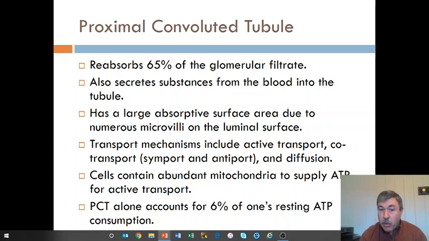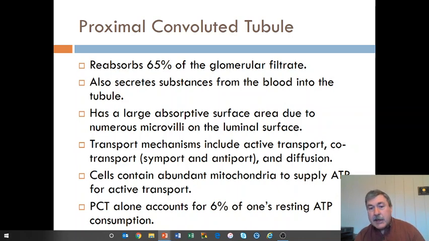Also co-transport of nutrients like glucose and amino acids. And there are also antiport transporters that can secrete hydrogen ions in the proximal convoluted tubule. And also just simple diffusion. Water is reabsorbed in the proximal convoluted tubule just by simple diffusion.